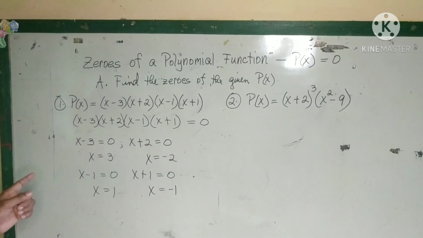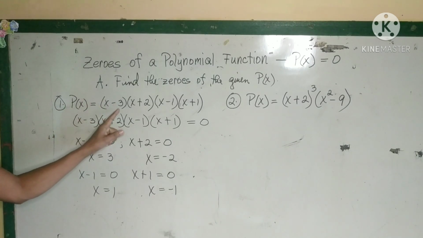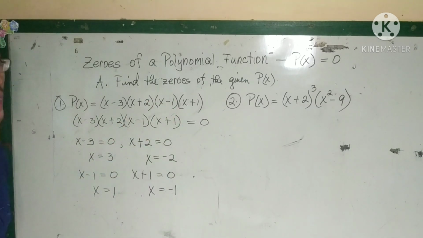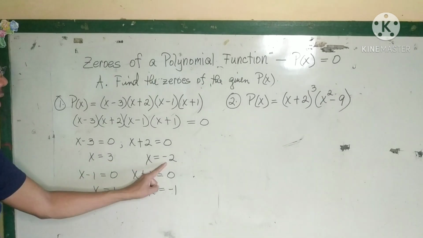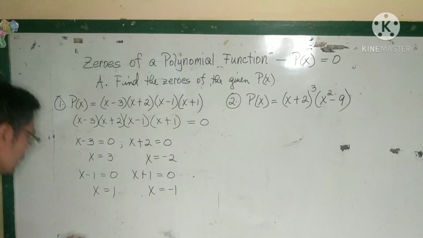Thus, the zeros of the given p of x, x minus 3 times x plus 2 times x minus 1 times x plus 1, are 3, negative 2, 1, and negative 1.